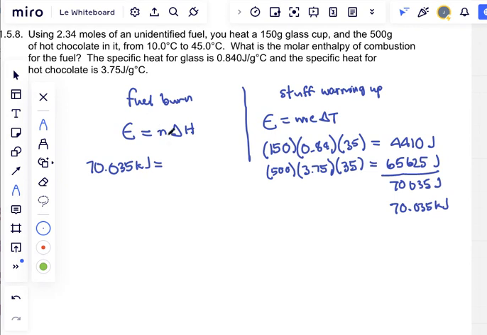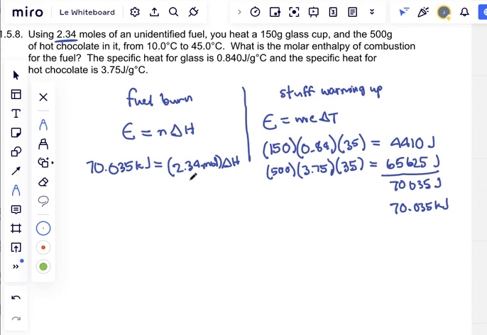Almost always here you end up doing some molar mass thing to find n, but in this question they were nice and they just told us it's 2.34 moles. I guess they couldn't have us do the molar mass thing because we don't know what the fuel is, so they were kind of stuck doing this. And we are being asked to find the delta H, the heat of combustion.